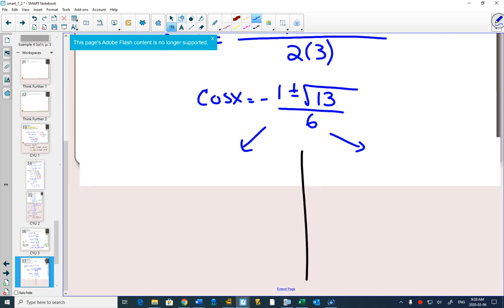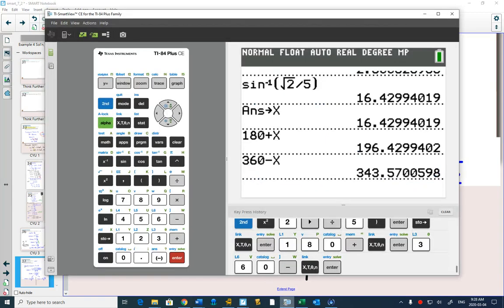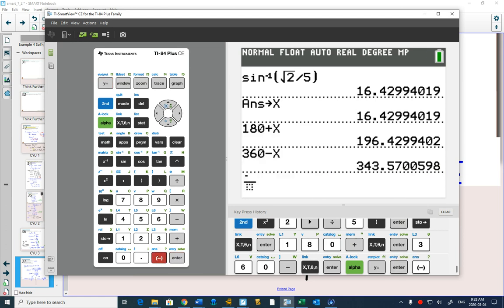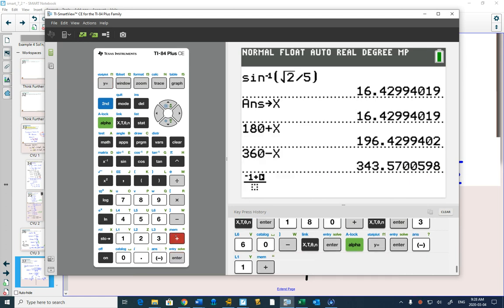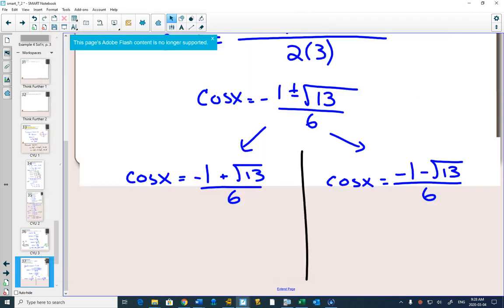Which we can split up and write both of them down. So one of them is going to be negative 1 plus the square root of 13 over 6, and the other one's going to be negative 1 minus the square root of 13 over 6. So we need to go to our calculator because obviously that's not on our pie plate. Negative 1 plus the square root of 13 divided by 6 is 0.434.